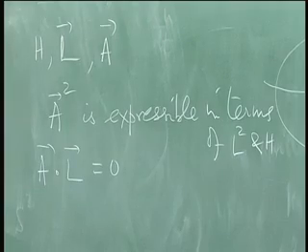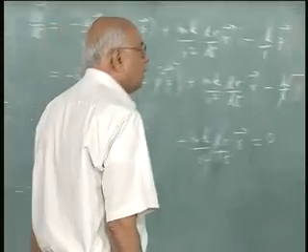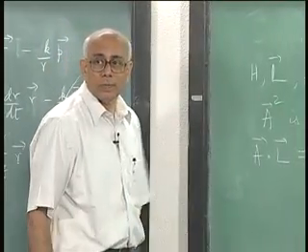So one component of A is gone anyway, the one that is along the angular momentum. A lies in the plane of the orbit, just as L always lies normal to the plane of the orbit. So you really do not have that many independent constants of the motion.